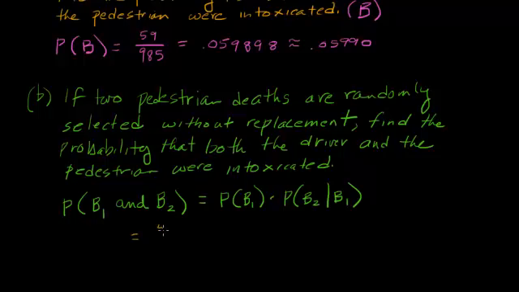On that first selection, there are 59 pedestrian deaths that meet this condition of both driver and pedestrian being intoxicated over 985. But now we've set that aside, so there are only 58 pedestrian deaths left that meet our conditions, and there are only 984 files left in the file drawer, for example.